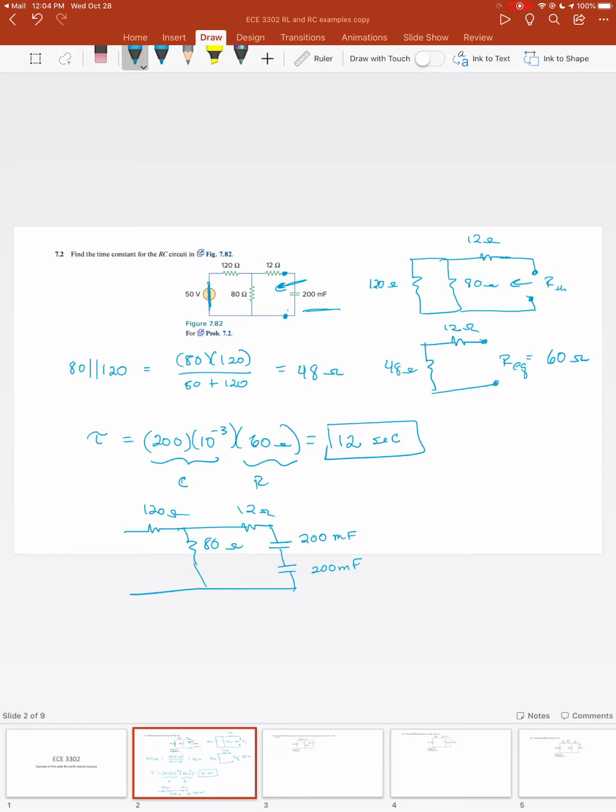And same problem here, we just want to find the time constant. Now in this case, even though we have two capacitors, because they are in series, we can combine them. So I can combine those two in series to get a single 100 millifarad capacitor, because remember, capacitors in series combine like resistors in parallel. And then I already know that my equivalent resistance is 60 ohms.